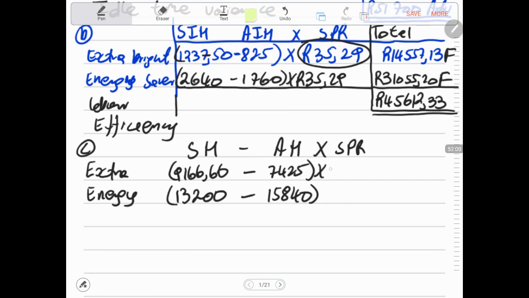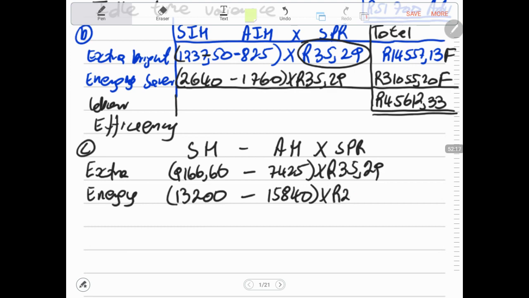Thank you for that. We also multiply the efficiency variance by the productive labor rate, which is the standard productive labor rate, and that is 35.29.